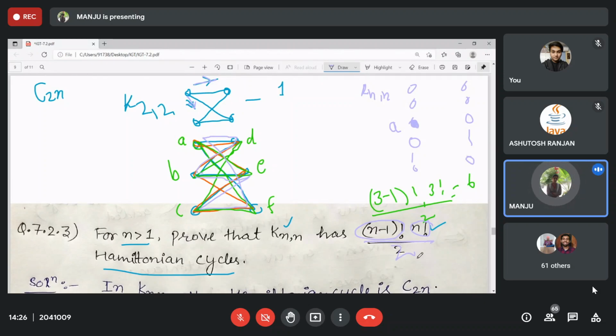Every cycle is counted twice if we count like this, n minus 1 factorial into n factorial, because you can go from here also in an undirected graph. If it were directed, then it would be like this, right? As this is undirected, we can take this cycle via this edge or via this edge. Both are the same. That's why it will be divided by this. Okay?